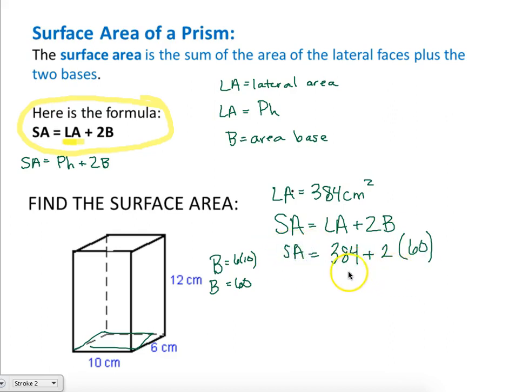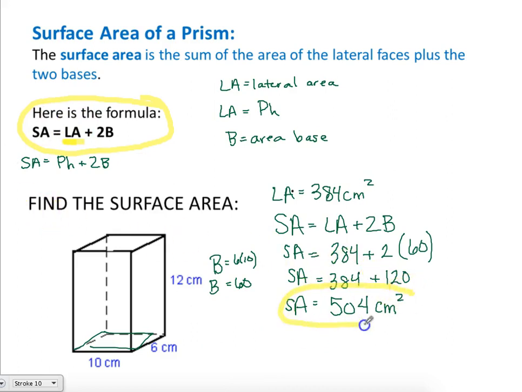So let's simplify here. 384 plus 2 times 60, I know, is 120. So now we just add together 384 plus 120 is 504, and our units are going to be squared, so it's centimeters squared.